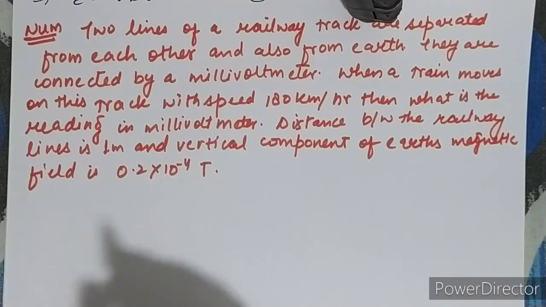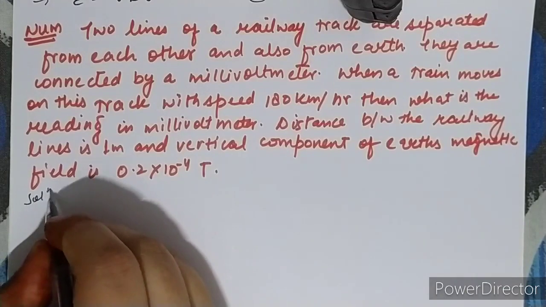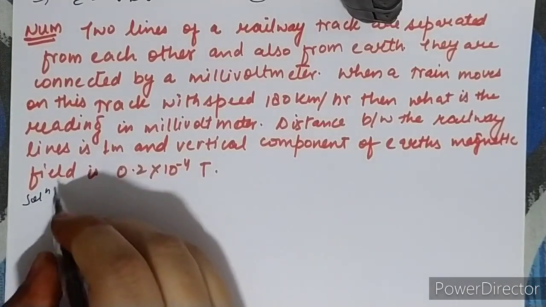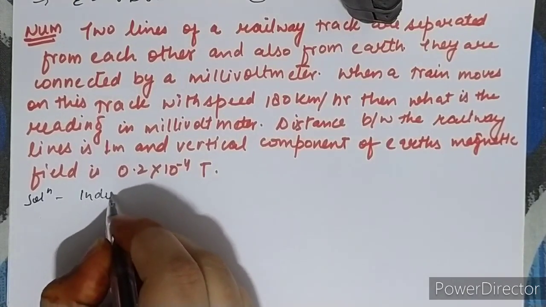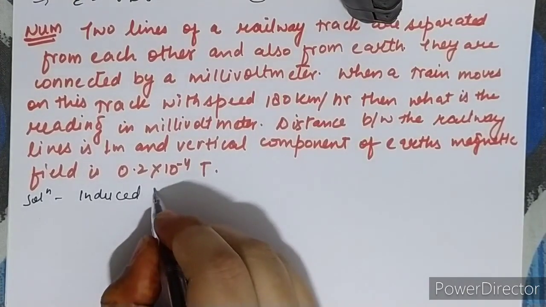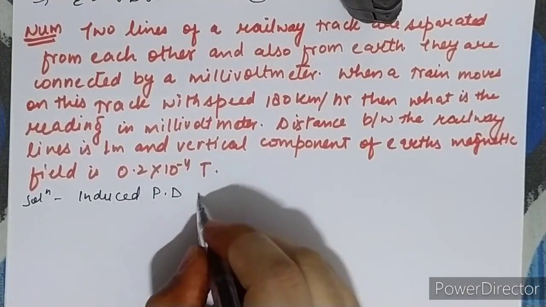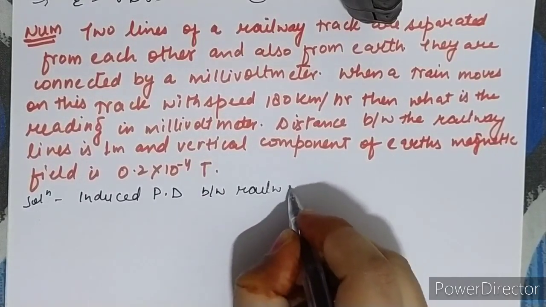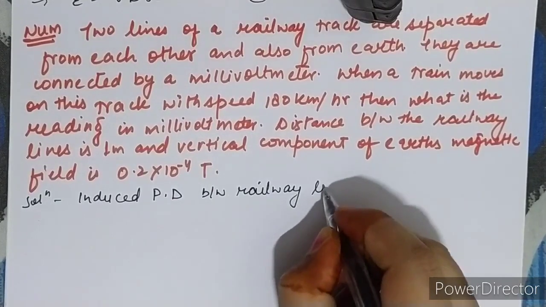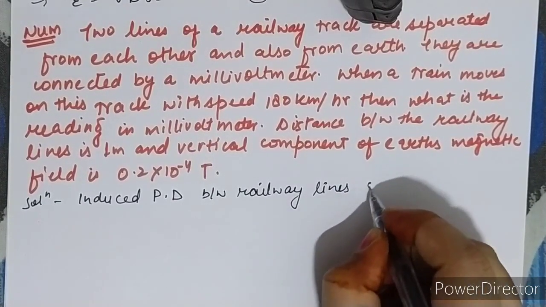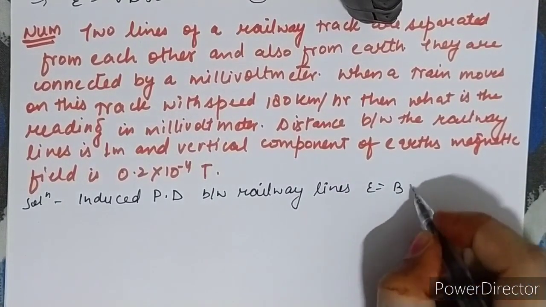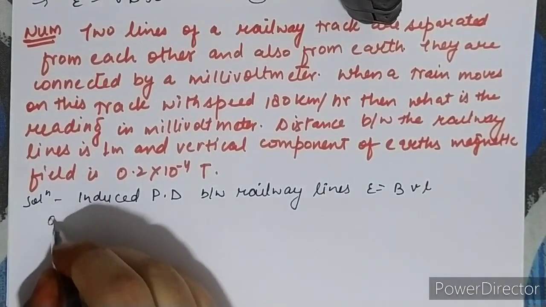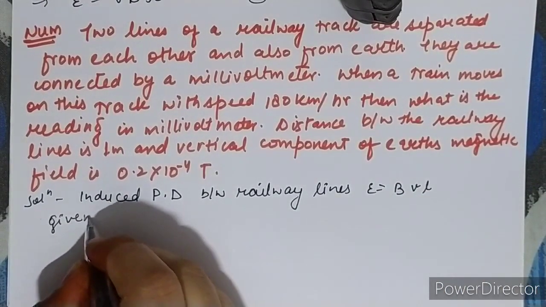So for this, the solution is: you know very well that the induced potential difference between railway lines is E equals BVL. Now what values have been given?